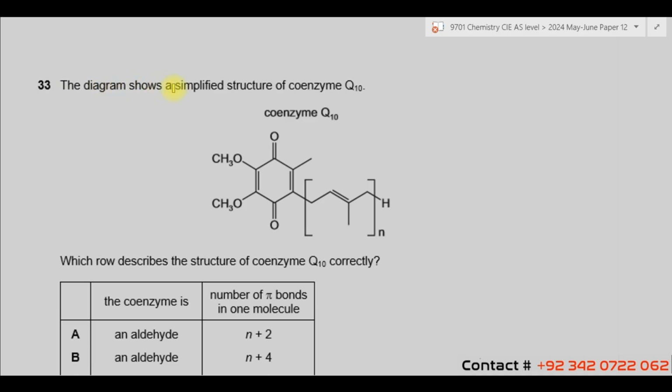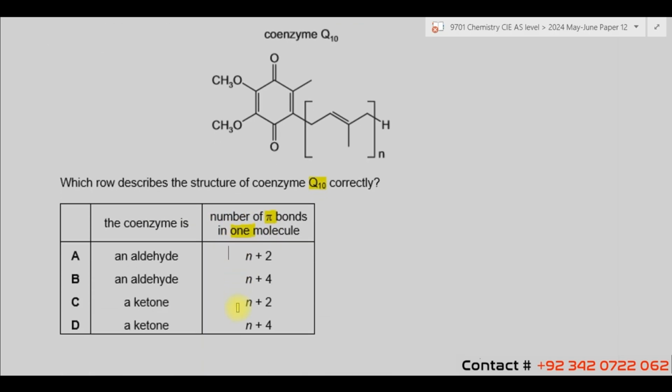Question 33. The diagram shows a simplified structure of coenzyme Q10. This is the coenzyme structure. Which row describes the structure of coenzyme Q10 correctly? We have to find out what it is and what are the number of pi bonds in one molecule. Let's see, the options are aldehyde and ketone.